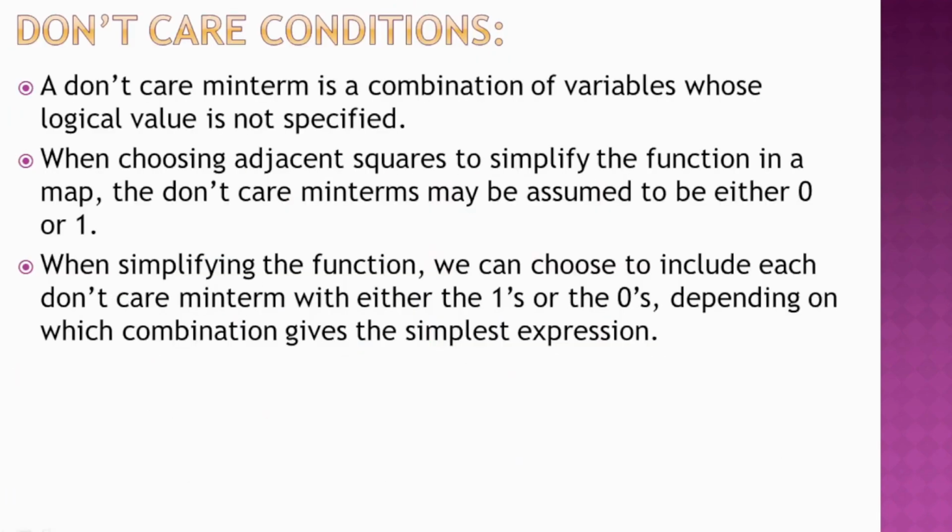Next one is the don't care condition. When you are studying the K-map, there is a possibility of mentioning the don't care condition. This is an example of a 4 variable K-map.